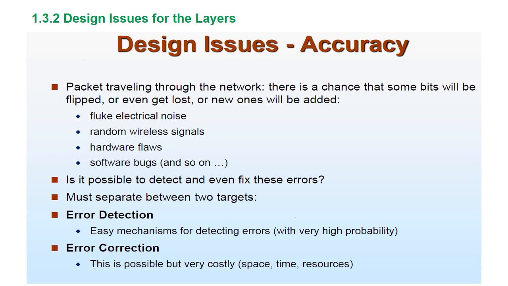Again, once it has been detected, the error should be corrected. How can it be corrected? By spending time and using some resources. So it may be possible, but it could be costly. Clear about the issue of accuracy, girls?